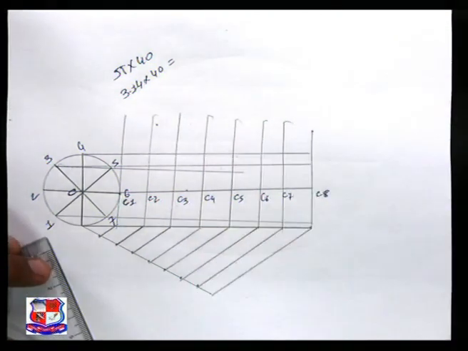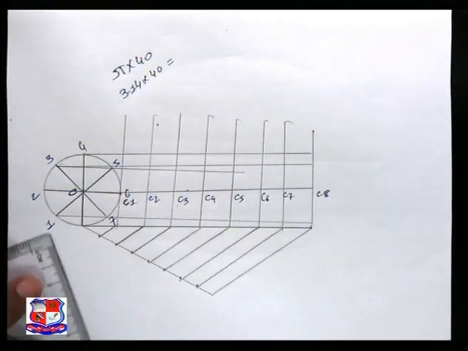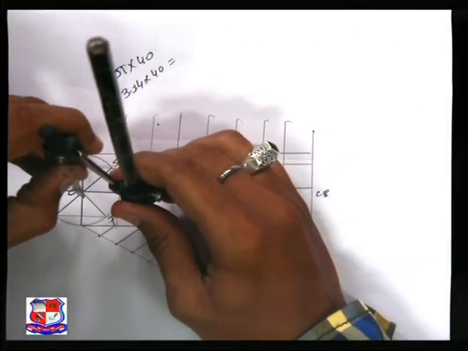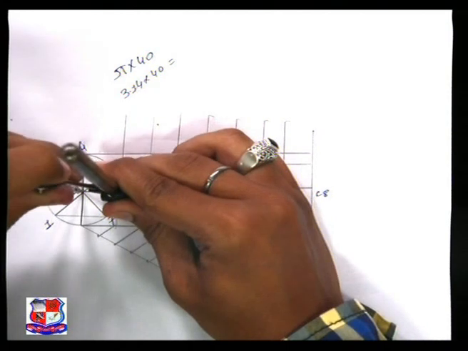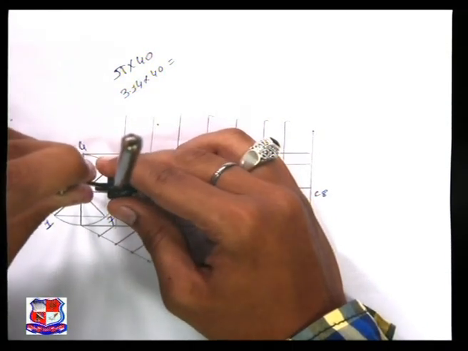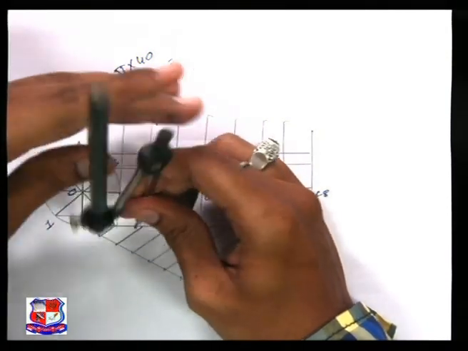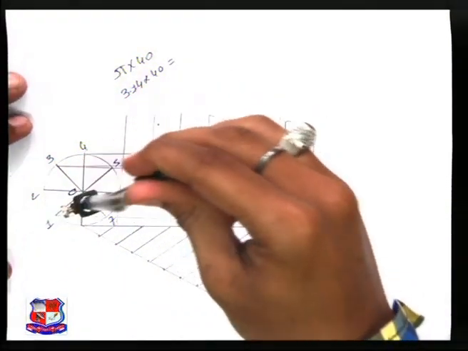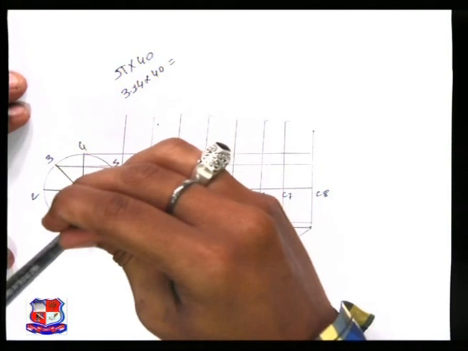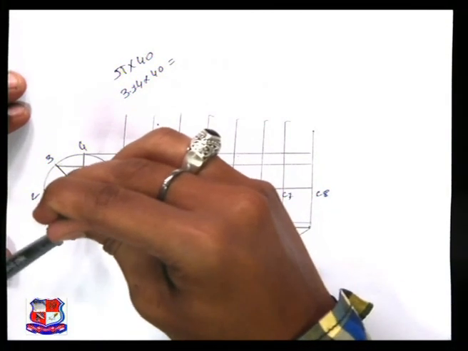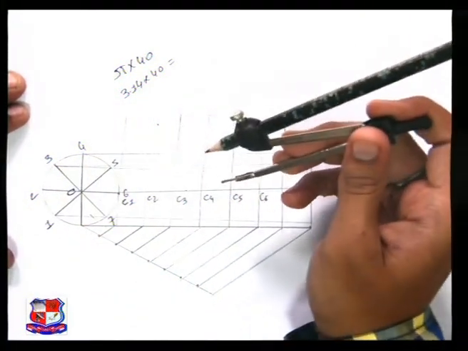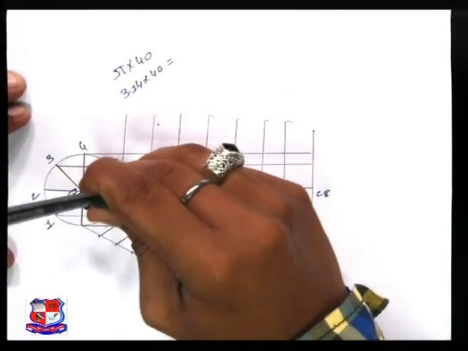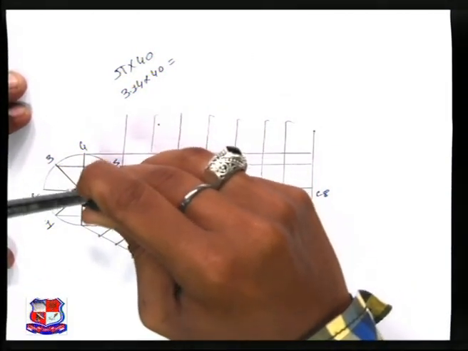Now what I am going to do: take radius as 20 mm. C1 as center, draw an arc till the first line. Next, C2 as center, arc till the second line.